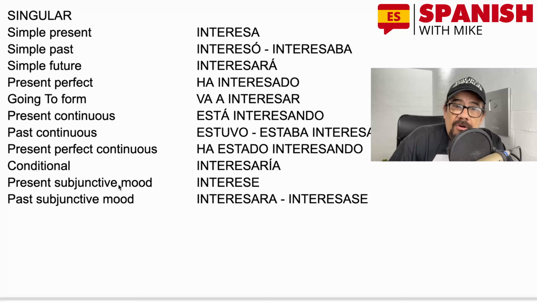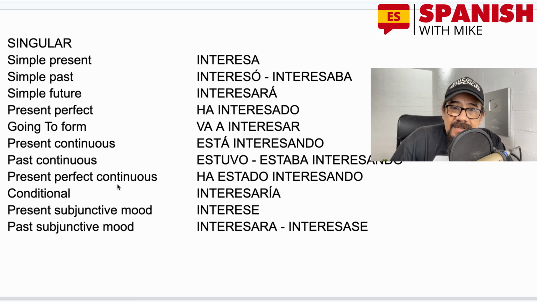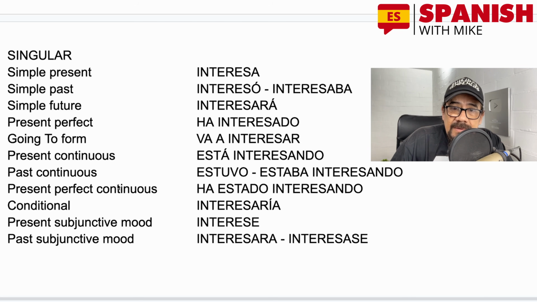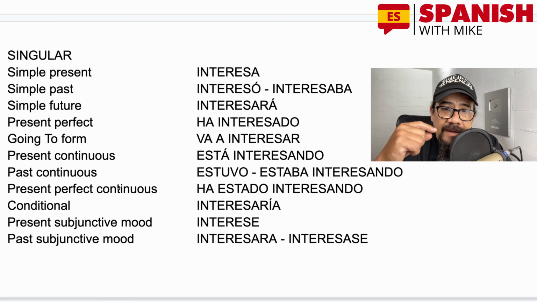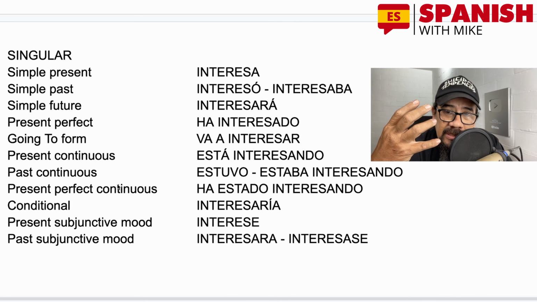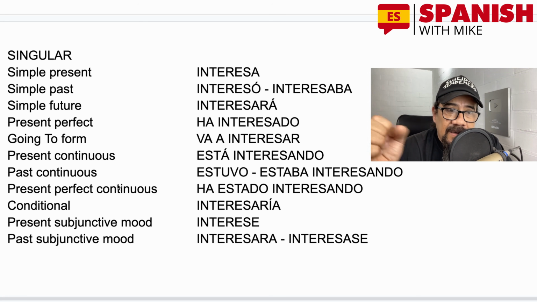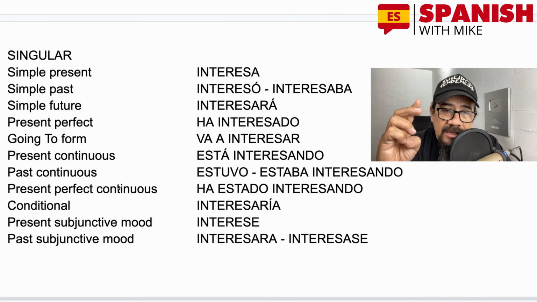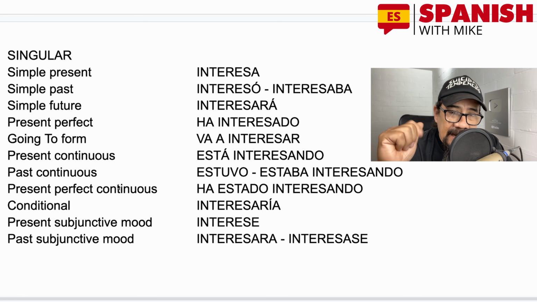Now, there's another thing. Speaking about the verb itself, we have these forms. This would be all of the conjugations for each one of the tenses. For simple present, for simple past, for simple future, for present perfect, for the going to form, present continuous, past continuous, present perfect continuous, conditional, and the subjunctive moods, both present and past.